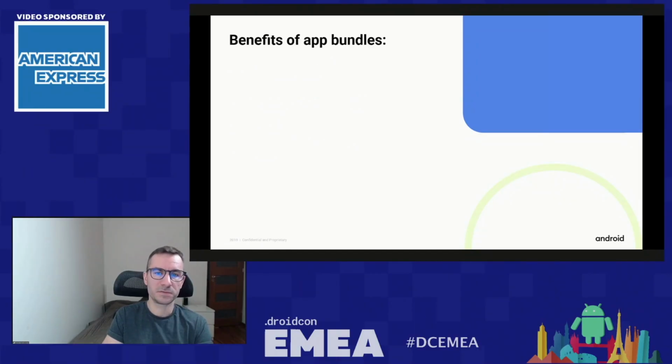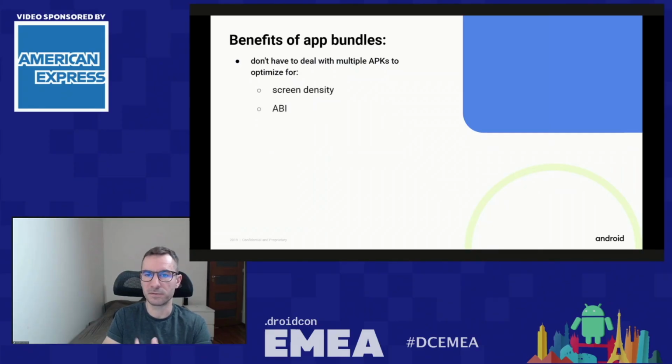Now, the benefits of using app bundles, I think, at this point should be quite clear. Instead of shipping the same universal APK to every user, with tons of potentially unused assets and resources, Play Store optimizes that for you and delivers only resources for the user's device screen density, CPU, and selected language.